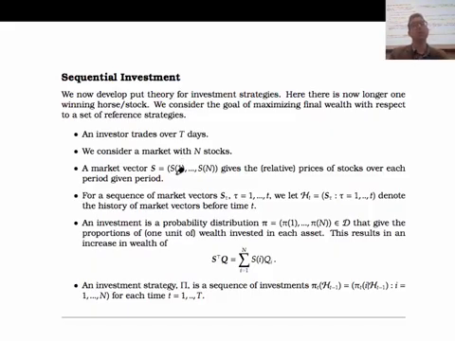So if it's 2, it's doubled. If it's 0.5, the stock price is halved. For a sequence of market vectors, we're going to let script H_T, not boldface capital T but script, denote the history of the market vectors. So just all the market vectors up until time t, and including t.